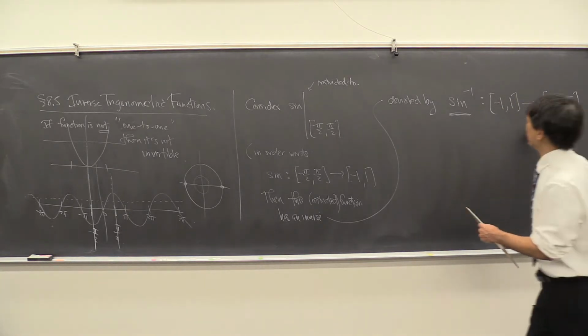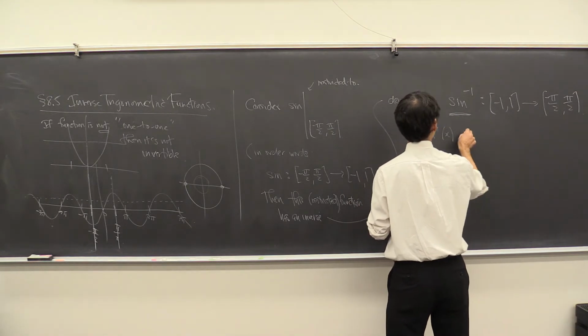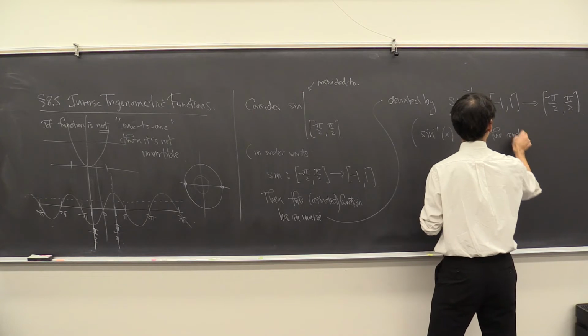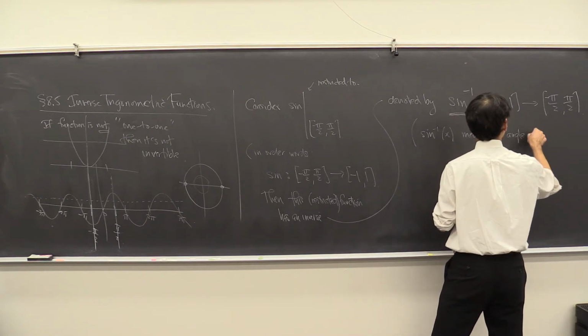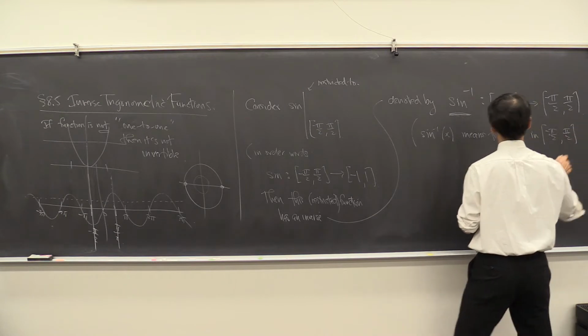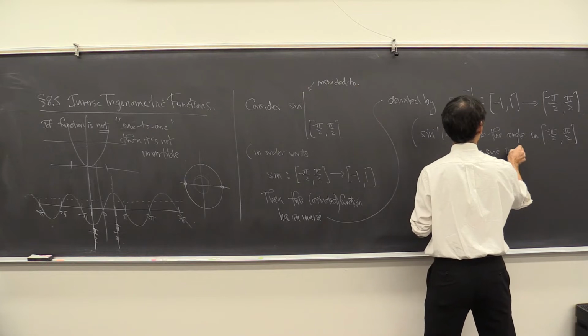Okay, so what this means is, sine inverse of x means the angle in negative pi over 2 to pi over 2 whose sine is x.